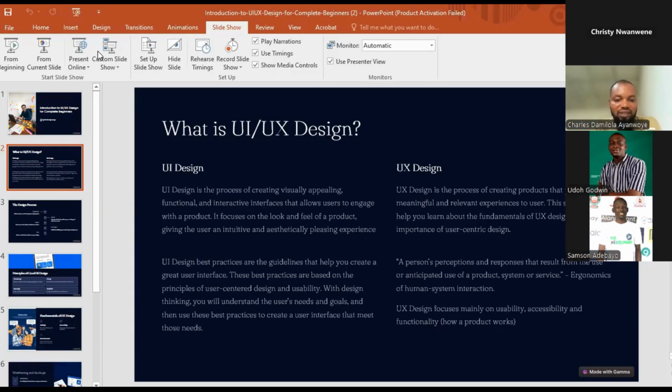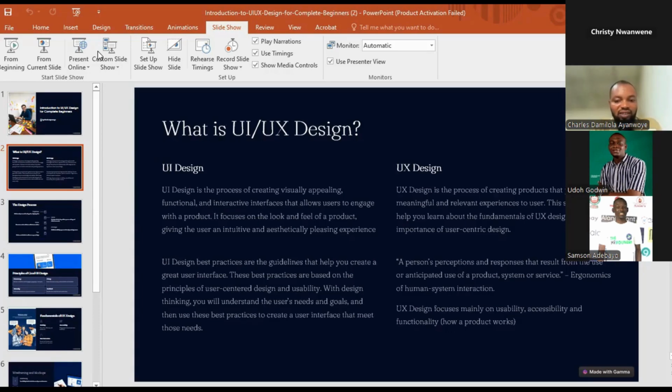Because with design thinking, you will be able to understand the user's needs and goals, and then use these best practices to create a user interface that meets those needs.